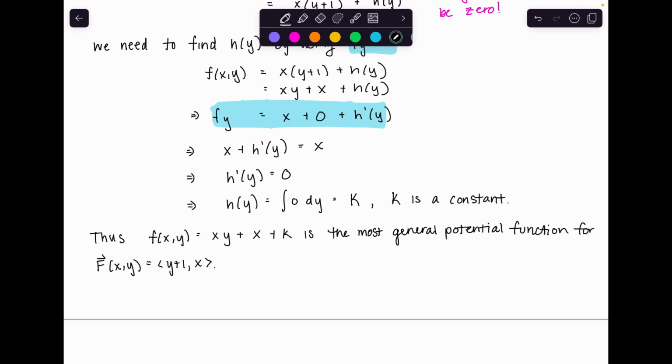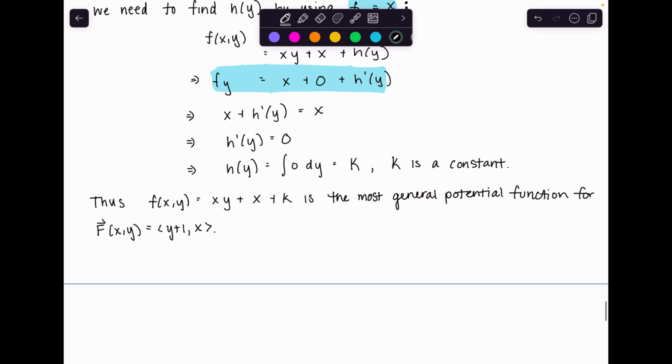And you can check that you did find the correct thing. If you take the gradient of f, the partial of this with respect to x would be y plus 1, and then the partial with respect to y will be x. So indeed, we found the right potential function.